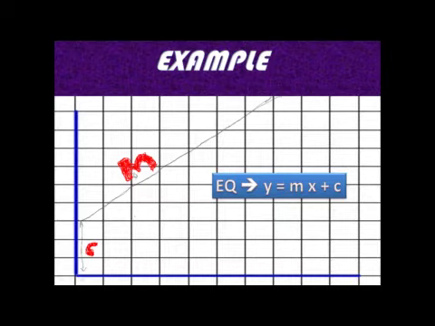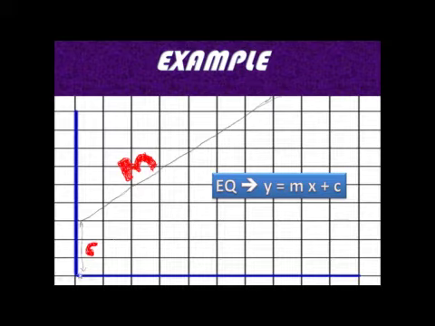Okay, so this is an explanation of the equation of a straight line. m, as you know, is the gradient. Here, the c is something new. c is basically the y-intercept. Now, some people would ask, what is the y-intercept?